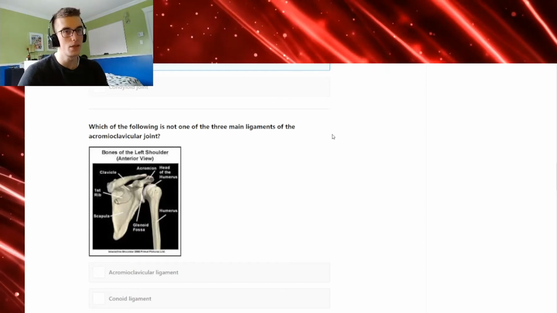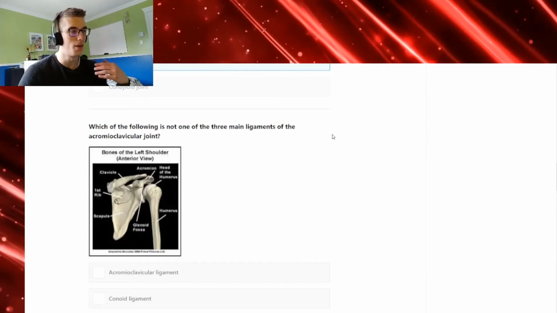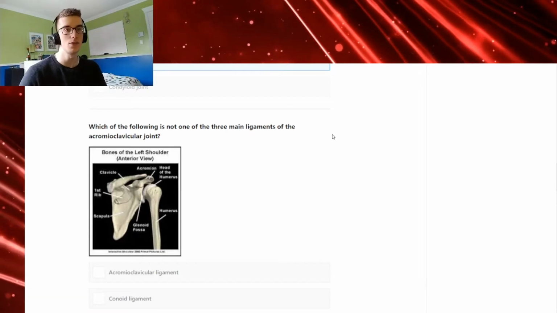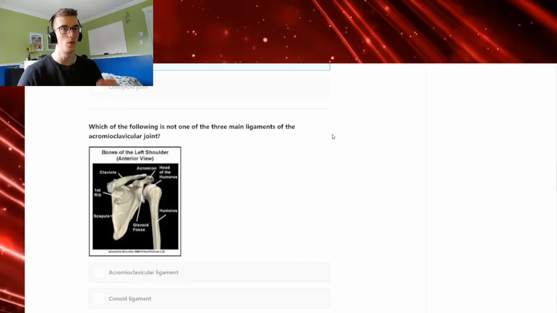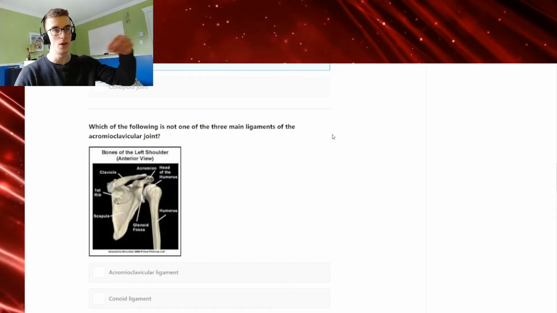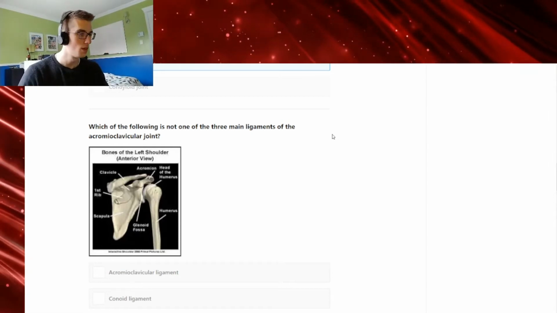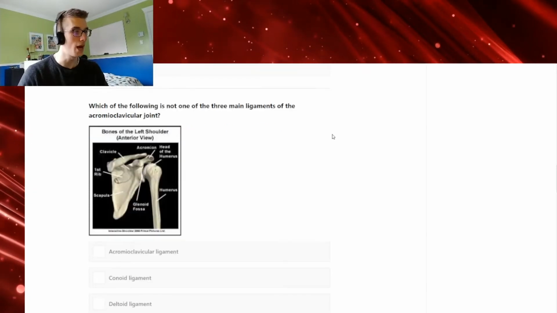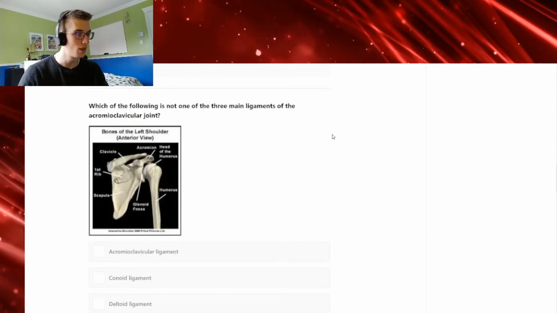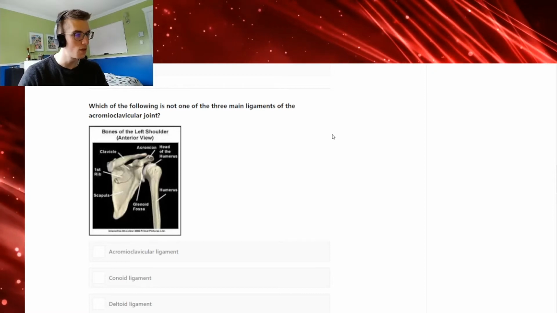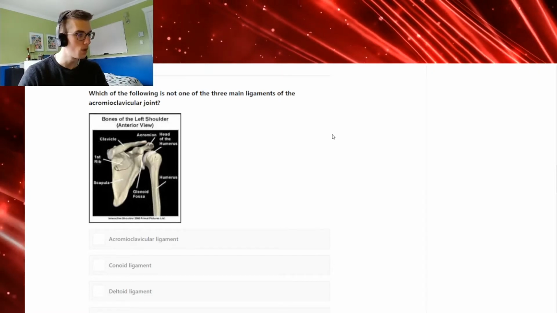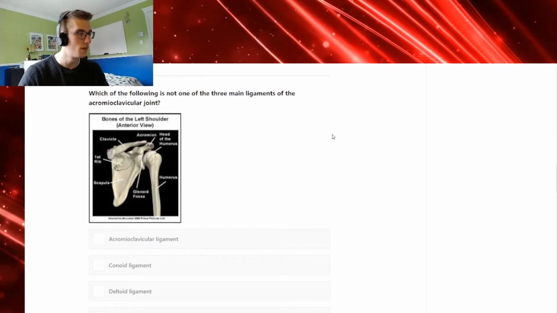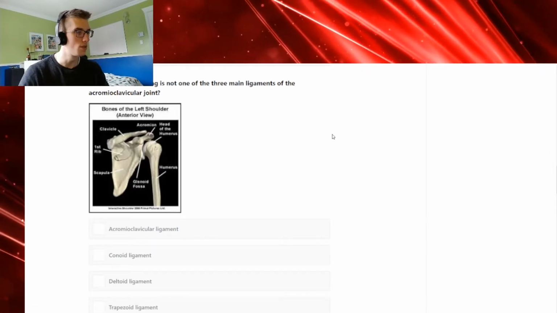Most of the time a ligament is named for where it starts and where it ends. So the acromioclavicular ligament is a ligament part of the acromioclavicular joint. The deltoid ligament, the conoid ligament, or the trapezoid ligament.